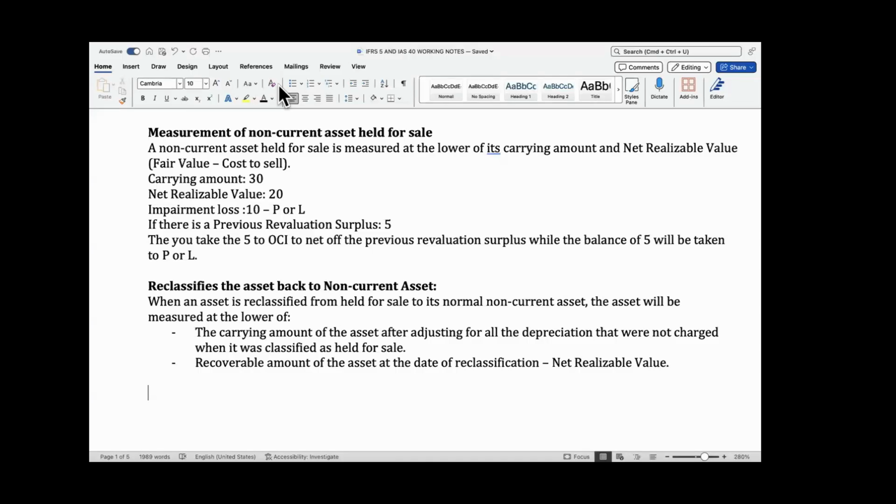But I need you to understand something, that even though they are still using it, can they release it immediately? If a customer comes today and says, okay, I want to buy, would they be able to release it immediately? If the answer is yes, then that means it's available for immediate sale in its present condition.